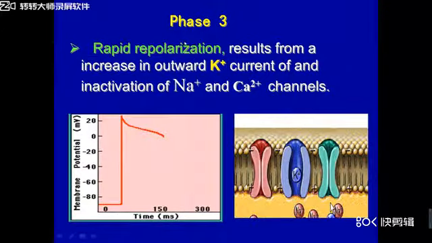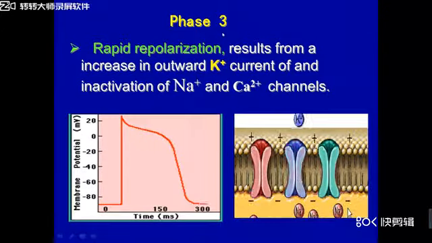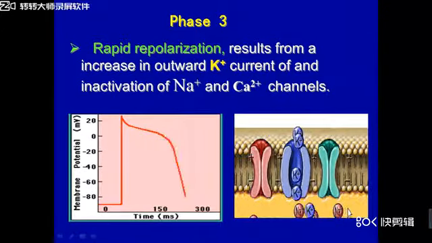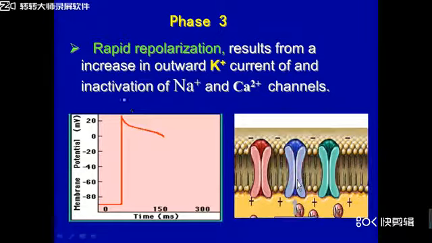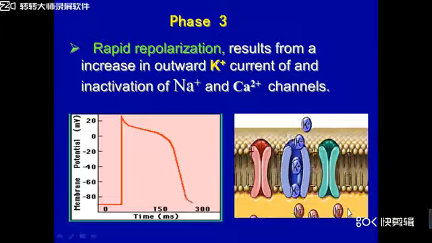Next, phase 3. We call phase 3 rapid repolarization. Rapid repolarization results from an increase in outward potassium current and inactivation of sodium and calcium channels.